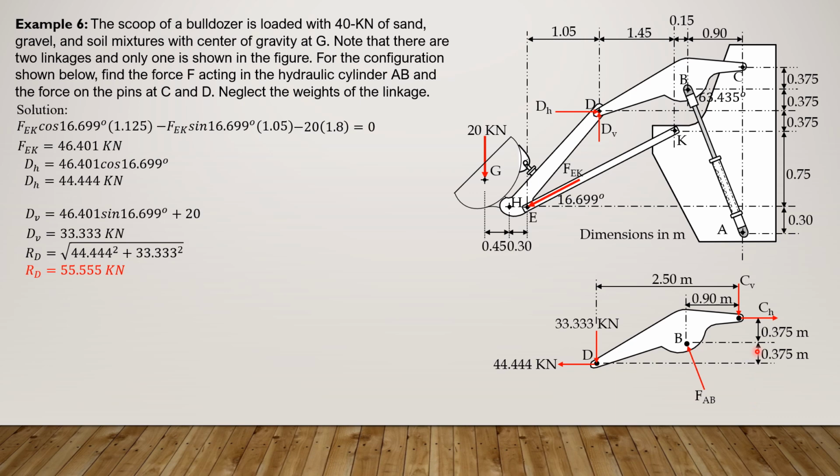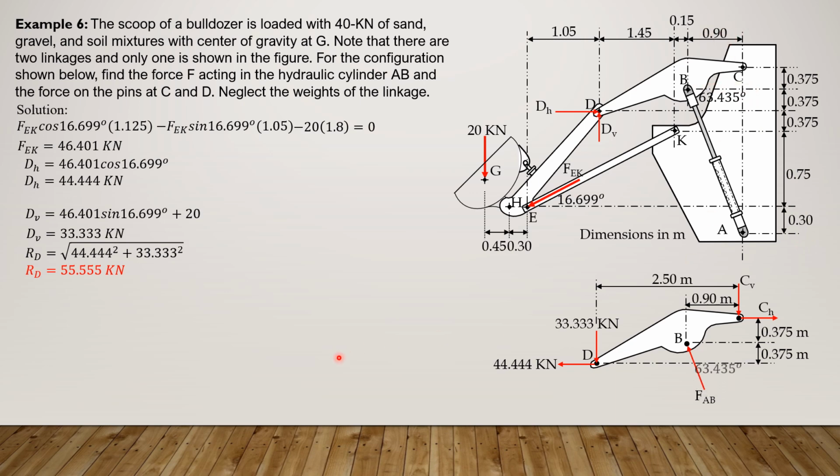So based on the values here, this may be the direction of the component reactions at C. Let's solve for the angle here instead of slope. The tangent of this angle is 0.375 plus 0.375 is 0.75, plus 0.75 is 1.5, plus 0.3, so 1.8. So tangent of this angle is equal to 1.8 divided by 0.9 meter.